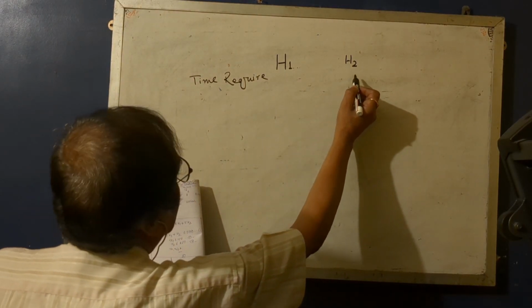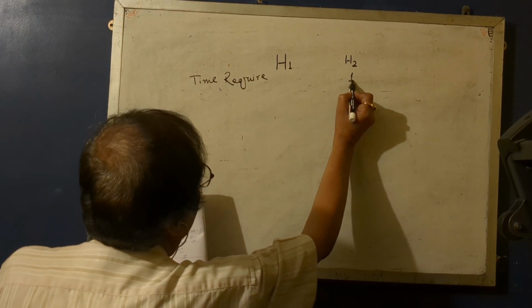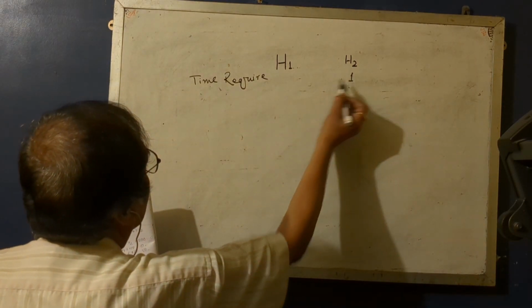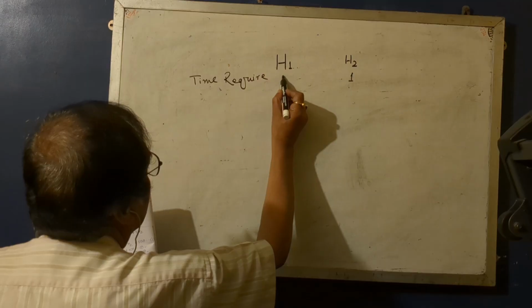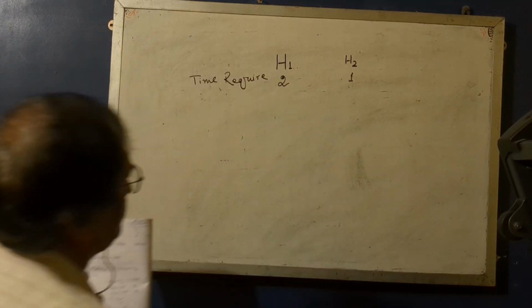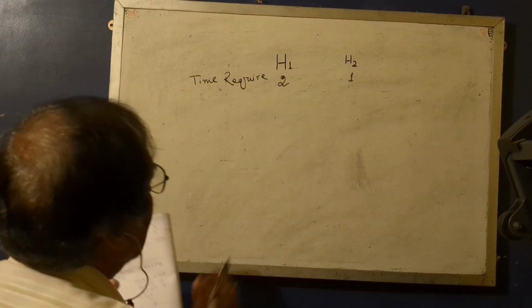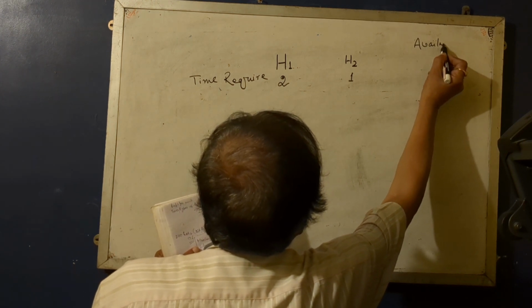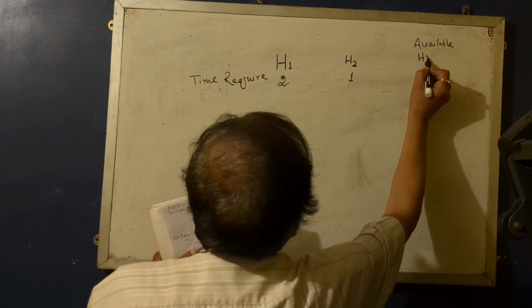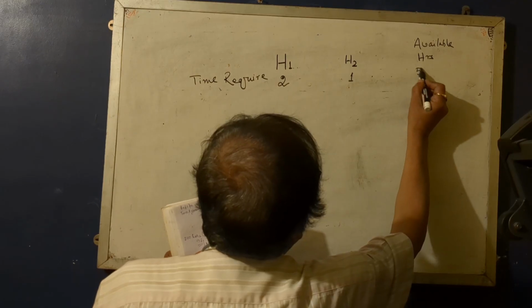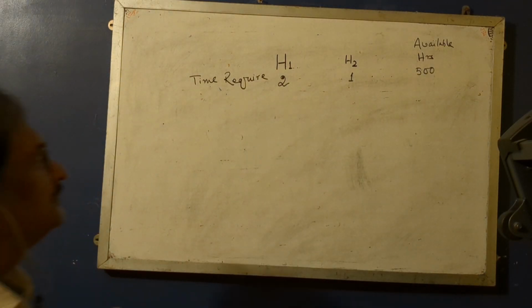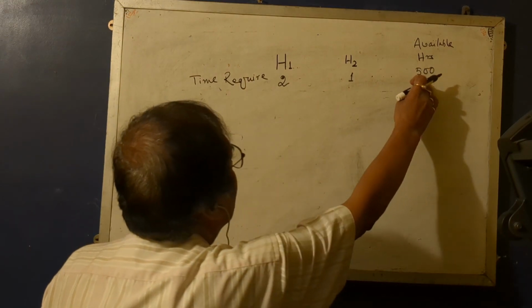Say I'm taking the time required for type 2 of hat as 1 hour, then twice this is the time required for hat 1. But the available time, in this case, available hours is 500. How? Because if you produce only the type 2 hat, then you can produce 500 hats per day.